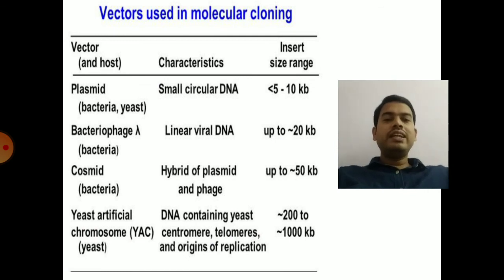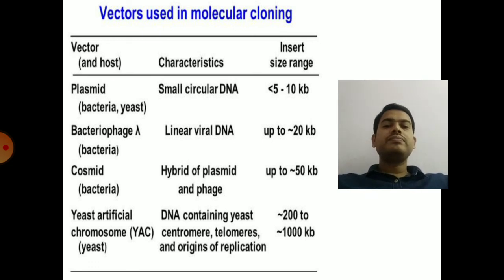So now you can clearly see the insert size of the vectors. A plasmid, which can be used in bacteria or yeast, is a small circular DNA, and the insert size ranges from 5 to 10 kb. Lambda phage takes up to 20 kb.